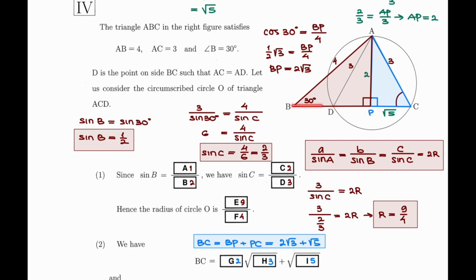Of course, BD is equals to BC minus CD. Since ACD is an isosceles triangle, and PC is equals to square root of 5, then DP is also square root of 5. So to find BD, I can say that BD is equals to BP minus PD, or BC minus CD. You can use the one that you like.